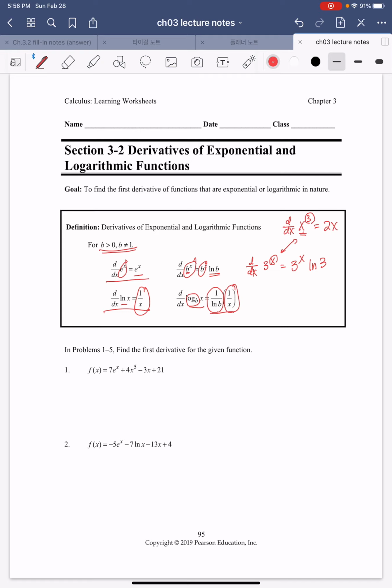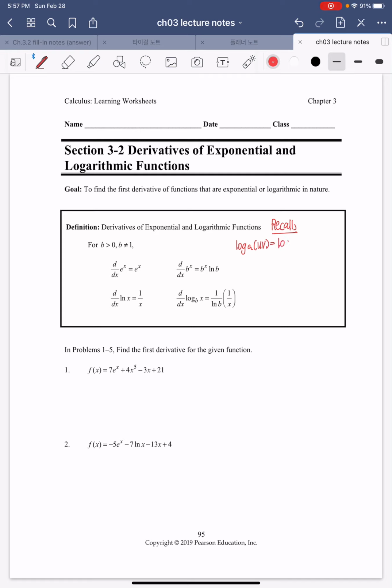Now, I want you to recall a couple properties from algebra on those log functions, because we will be using these algebra tricks to take the derivative in a minute. So recall, one of the rules that we have regarding log is the product rule, right? ln, log, same thing. So you have log base a of, let's say, u times v. This can be rewritten as log base a of u plus log base a of v. The product changes to addition.